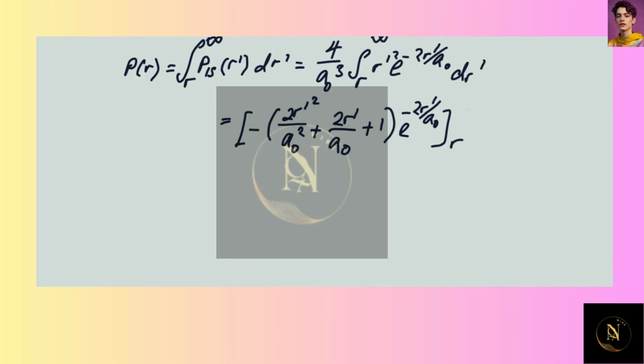From r to infinity, at infinity the value of the exponential term will go to 0, so the entire thing will be 0. Whereas when r prime is equal to r, it's not 0, so the only surviving term is the one at r prime equals r. So this is 2r squared.